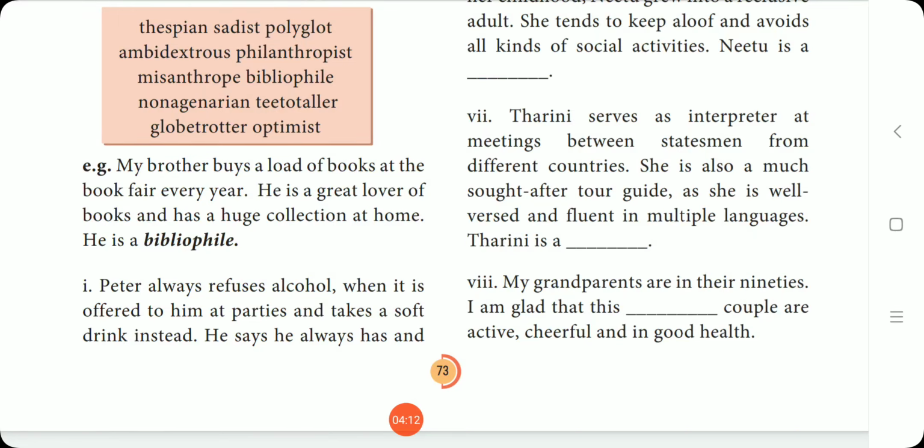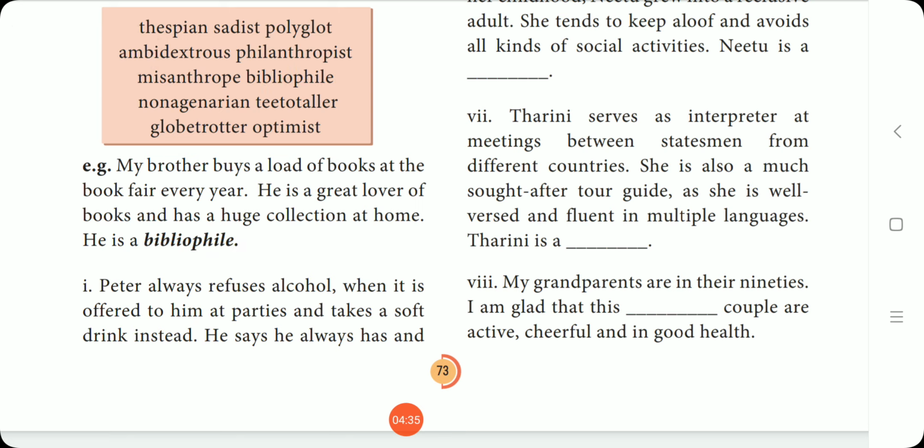He is a great lover of books and has a huge collection of books at home. He is a bibliophile. It means a person who is interested in collecting lots of books is called a bibliophile. Next one.